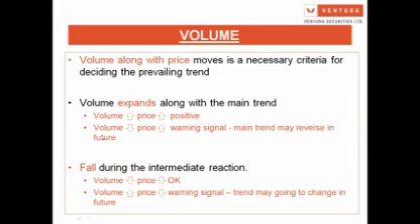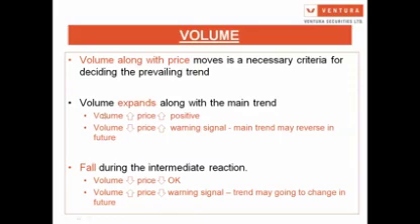But if you see that the volume is decreasing and price is increasing, that gives a signal that in future price may change its direction from upward to downward. That is a change of trend from bullish to bearish.